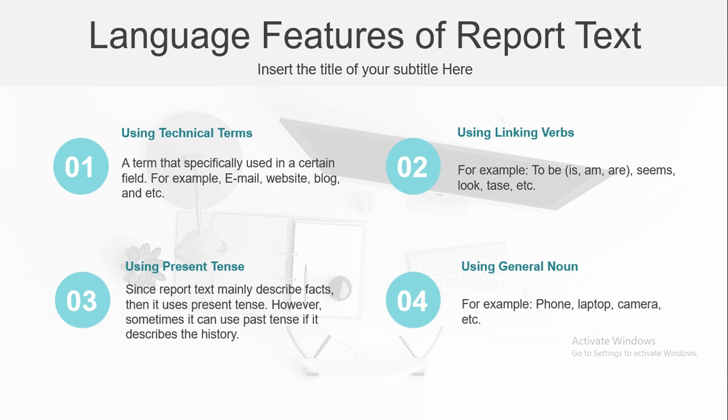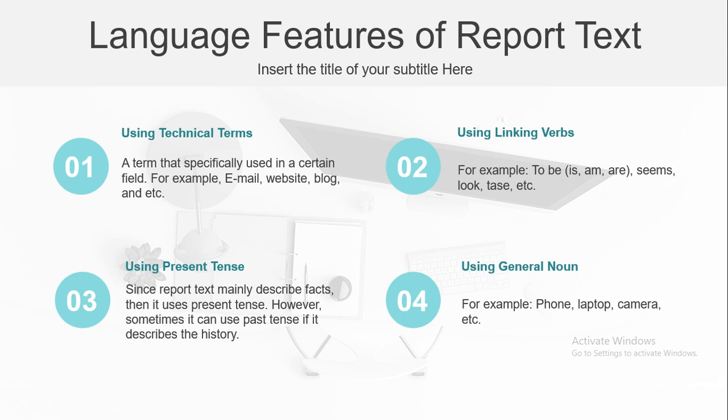Dan itu sampai sekarang juga benar-benar masih terjadi dan masih benar gitu ya. However, sometimes you can also use past tense. Kapan pakai past tense-nya? Itu adalah ketika you want to describe the history. For example, after you explain about the parts of the phone, the characteristic of the phone in general, then you can say the history of the phone itself. For example, when it was founded, who was the founder, for example, like that.